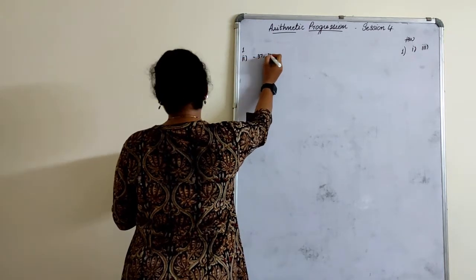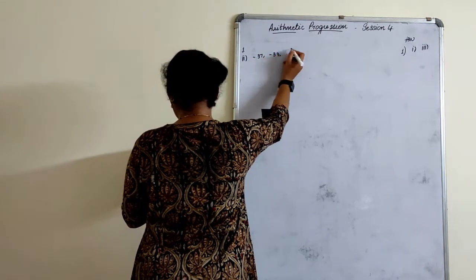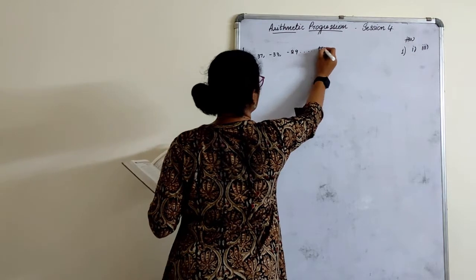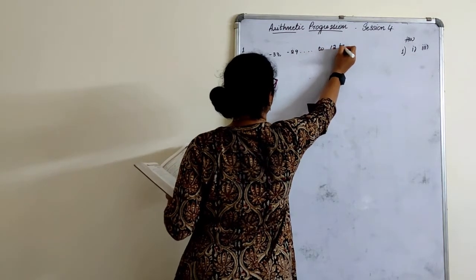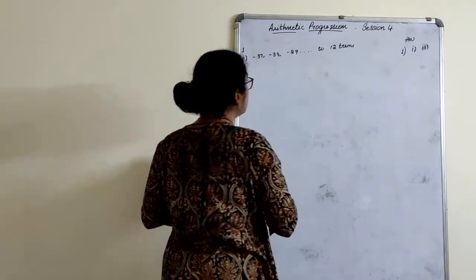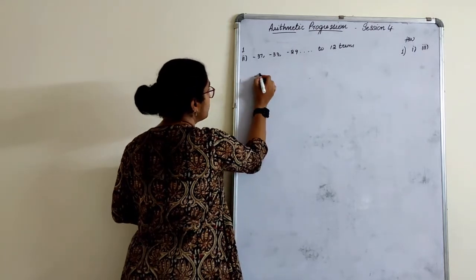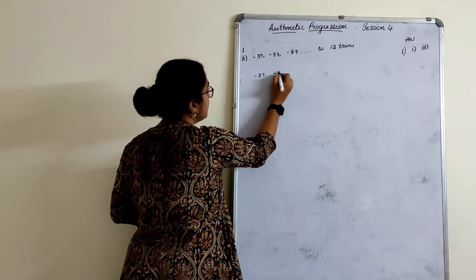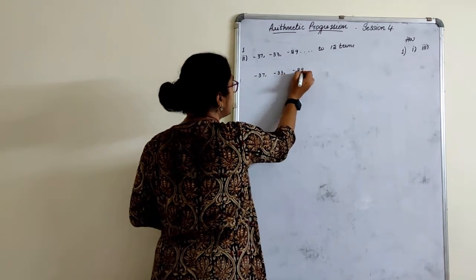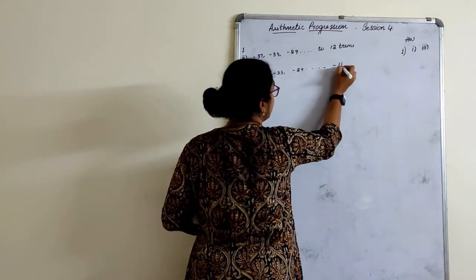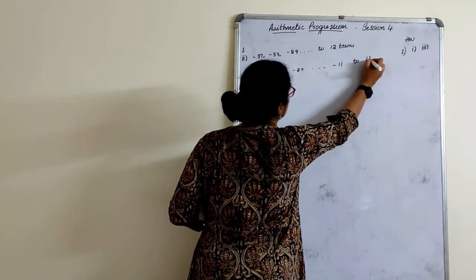minus 37, minus 33, minus 29, to 12 terms. Now children, the difference here you see. If I write the same question, assume minus 37, minus 33, minus 29, dot dot dot, and I am just writing a number, minus 11, to 12 terms.